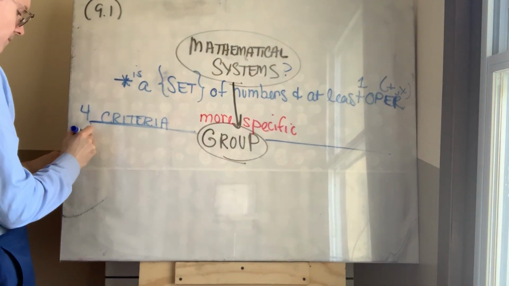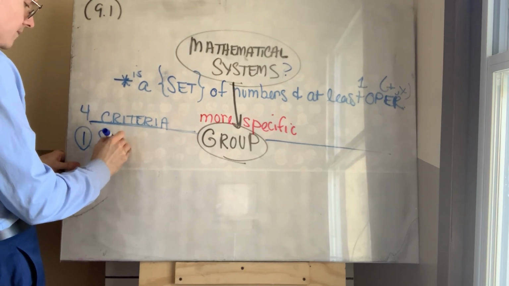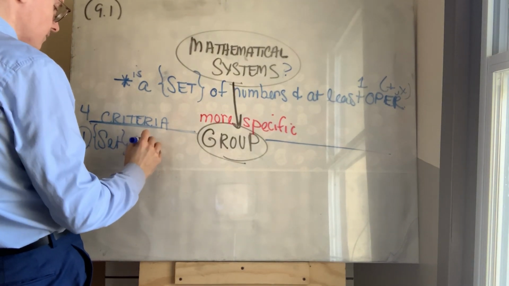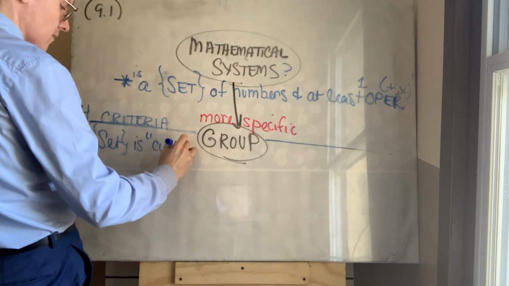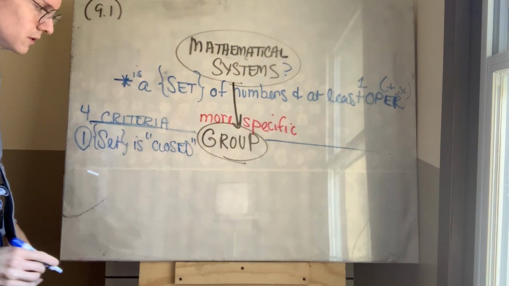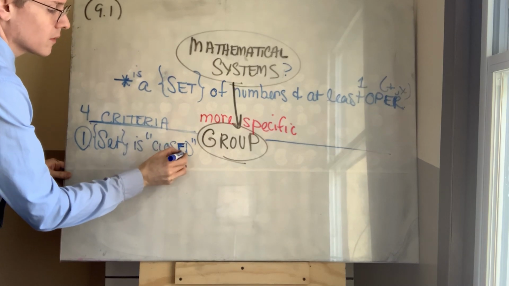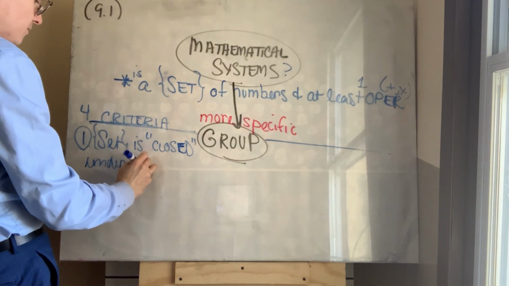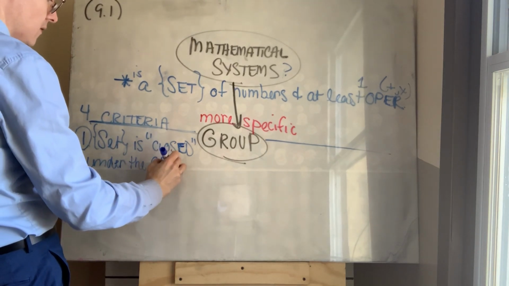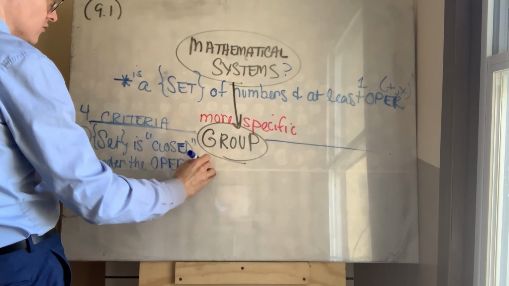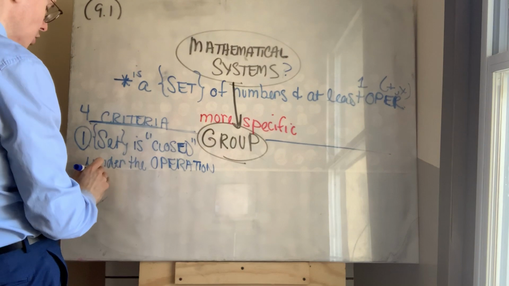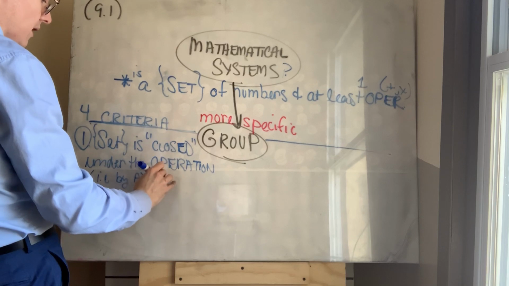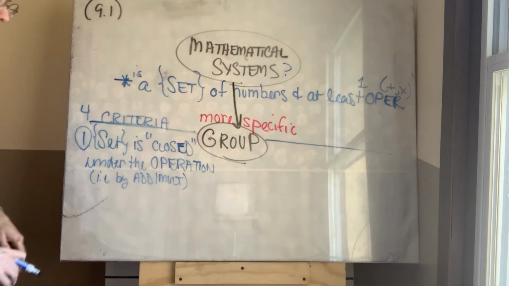Number 1, the set is closed under the specified operation. I don't know if that's visible. So, in other words, by addition or by multiplication, usually.